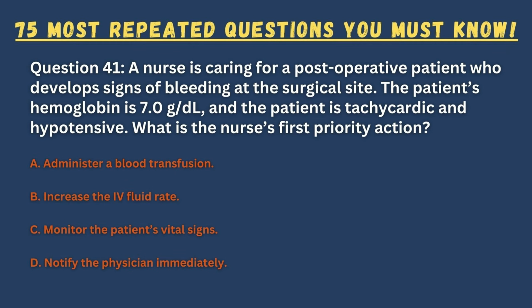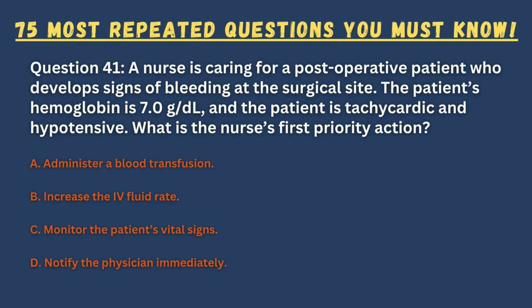Question 41. A nurse is caring for a post-operative patient who develops signs of bleeding at the surgical site. The patient's hemoglobin is 7.0 gram per deciliter, and the patient is tachycardic and hypotensive. What is the nurse's first priority action? A. Administer a blood transfusion.